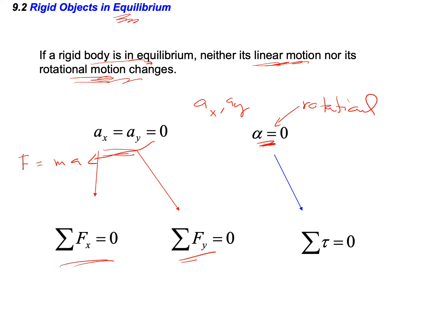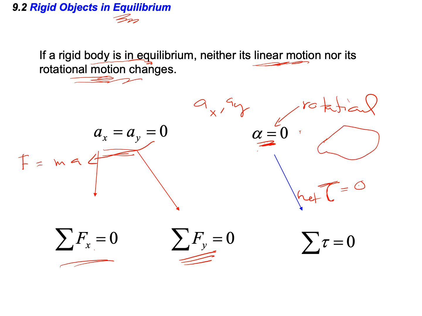So if an object in linear motion is at equilibrium, its net force along the x direction is zero, and along the y direction is zero. Similarly, if an object is in rotational motion at equilibrium, its net torque is zero, which means it's not rotating.